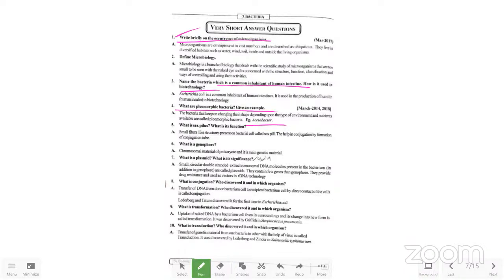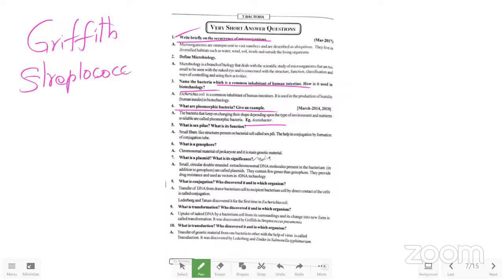This was given by Griffith in Streptococcus pneumoniae.